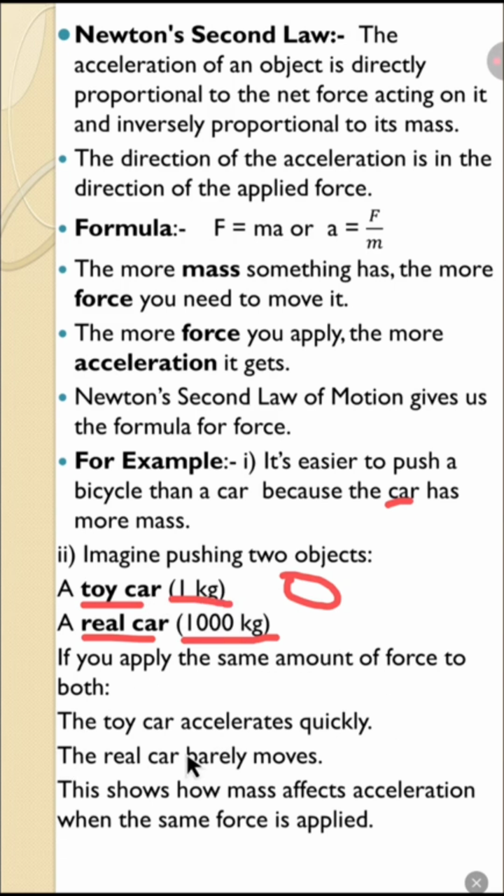The real car barely moves because it has 1000 kg, too much mass. This example shows how mass affects acceleration when the same amount of force is applied to both objects.